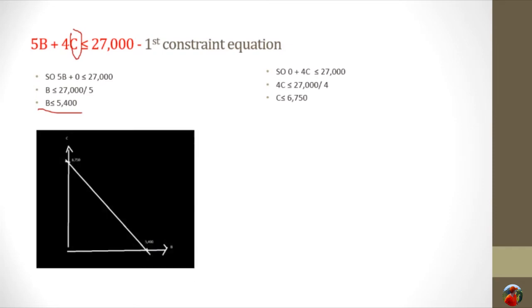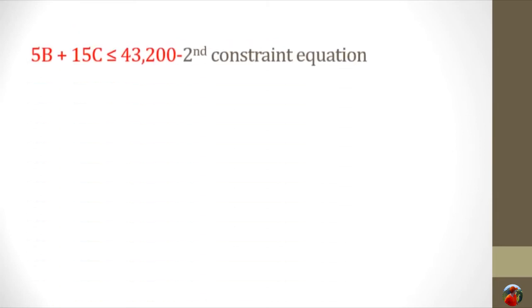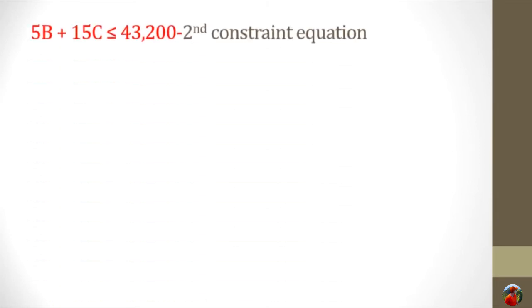So this is b and this is c. Let's move on to our next equation. 5b plus 15c is equal to 43,200, our second constraint equation. Now let's replace the value of c with 0 and calculate the value of b. So 5b is equal to 43,200, divided by 5, then b is 8,640.